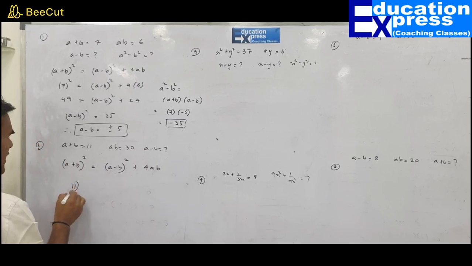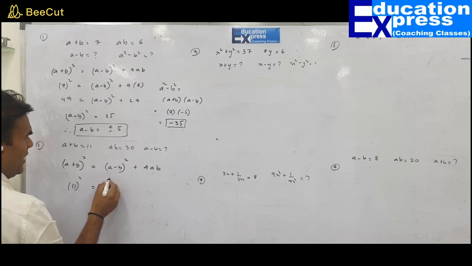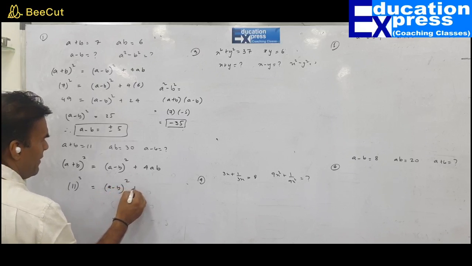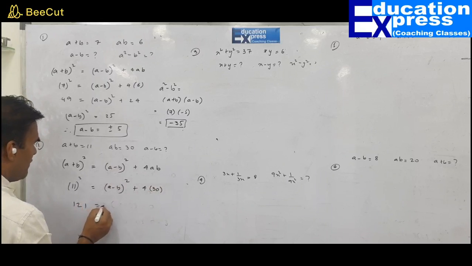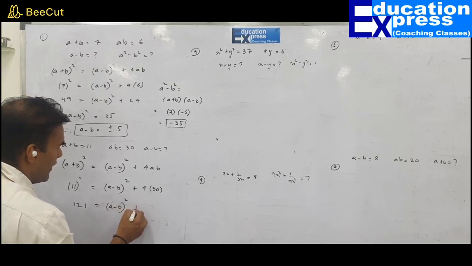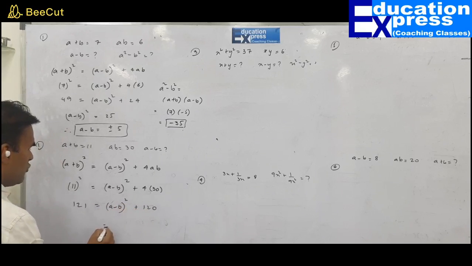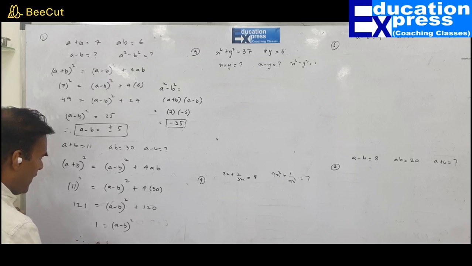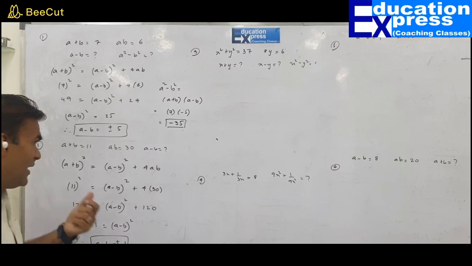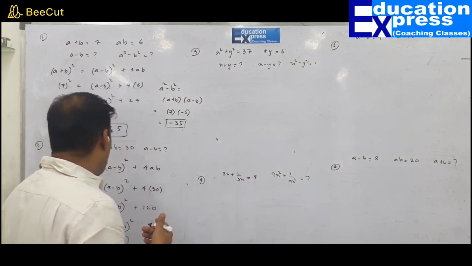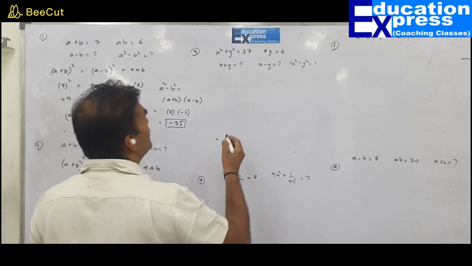Substitute the values: 11² = (a − b)² + 4ab, that's 52. 121 = (a − b)² + 120?